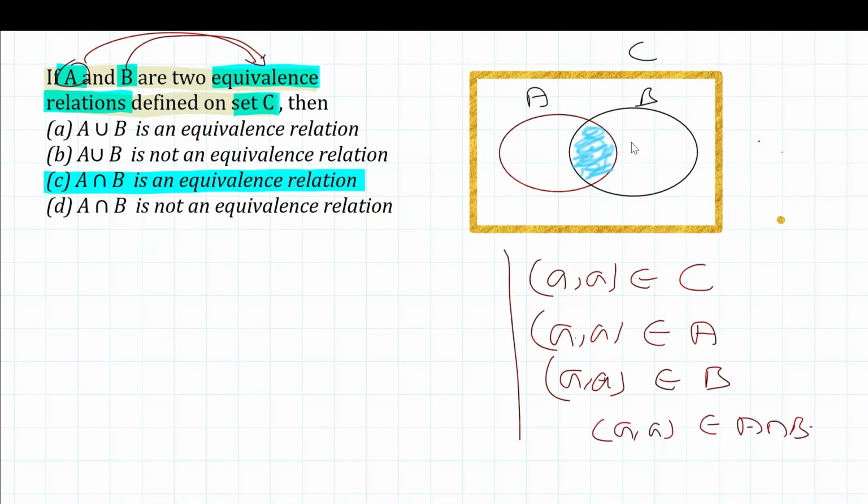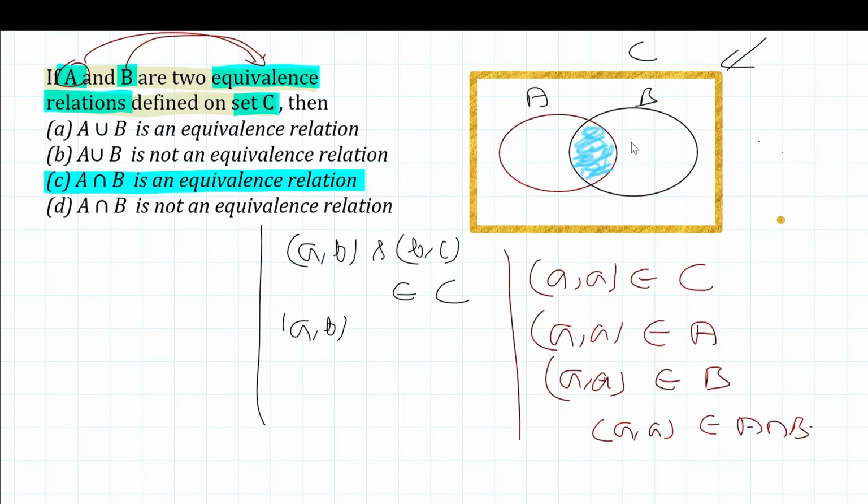Now this is the reason why it is reflexive. If I check for symmetric, I take AB as an ordered pair that belongs to this universal set, C in this case. As A is an equivalence relation, BA must belong to the relation A, since we are doing symmetric.